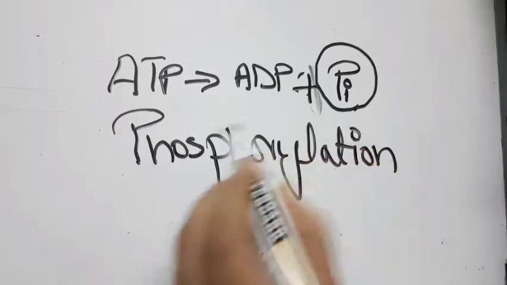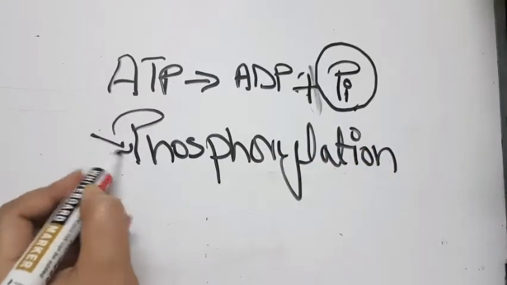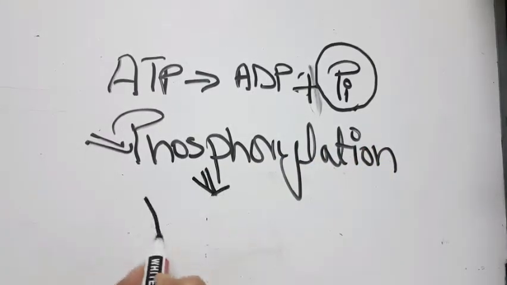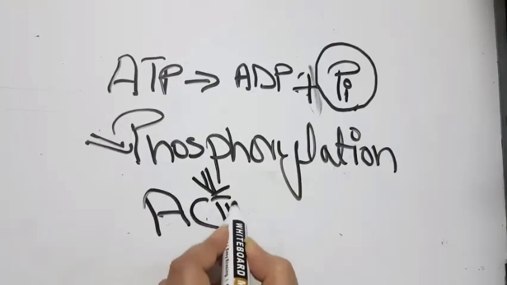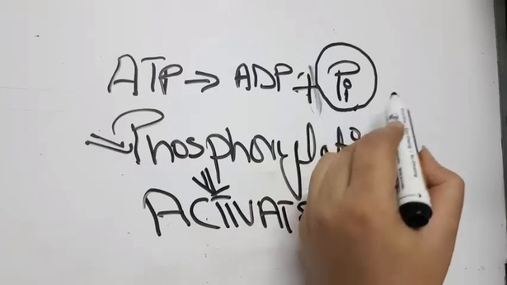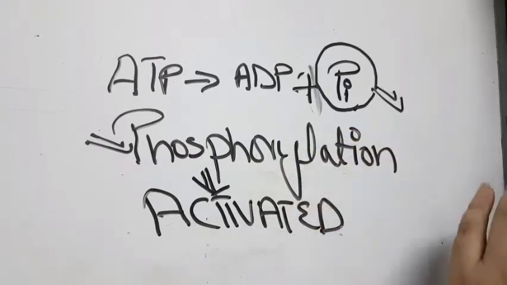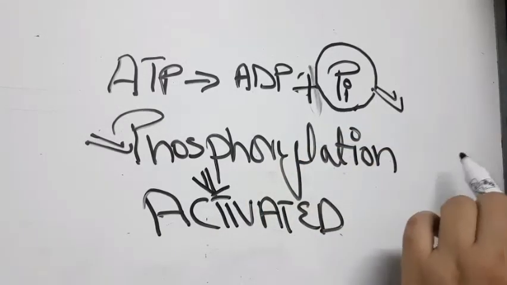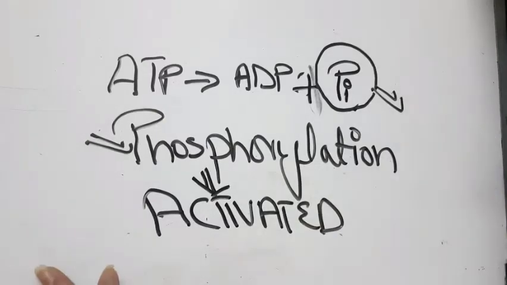When these pumps get phosphorylated, they become activated because this phosphate group provides energy to these pumps, and only then they'll start the movement of molecules or ions against the concentration gradient.